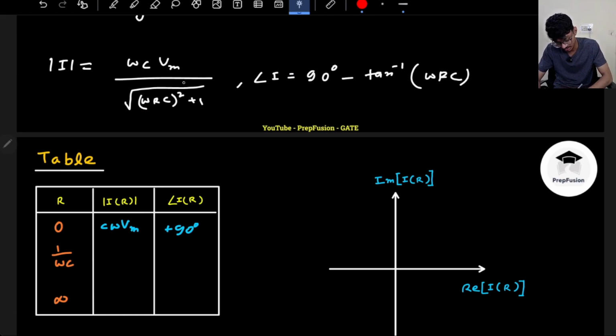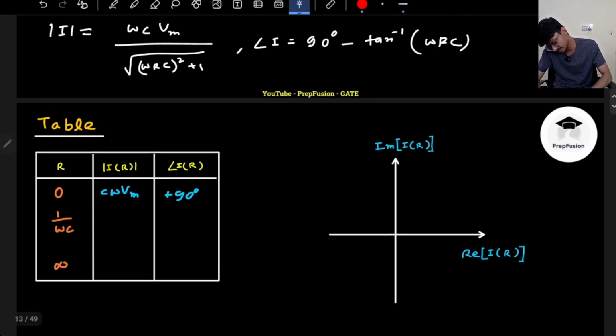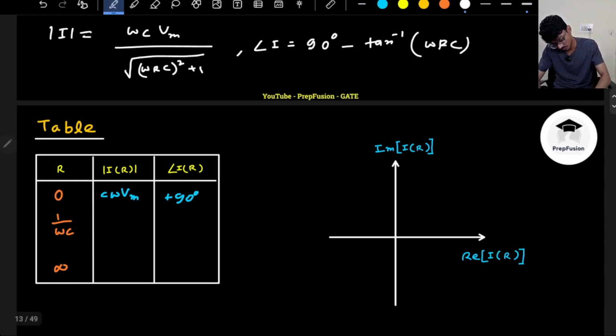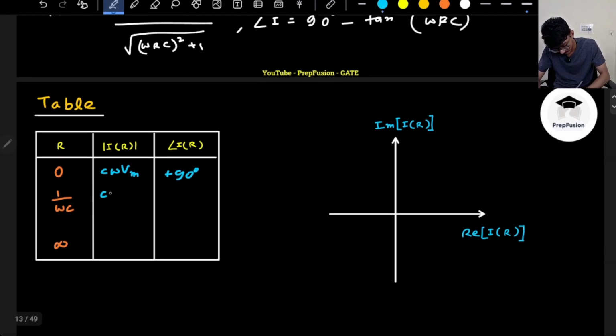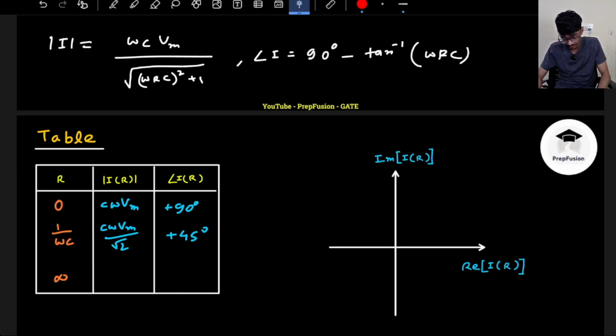So how much is the phase? How much is the magnitude? Magnitude is, this is 1. So again it is omega c Vm by root 2. Phase is again plus 45. So at infinity, what will happen?